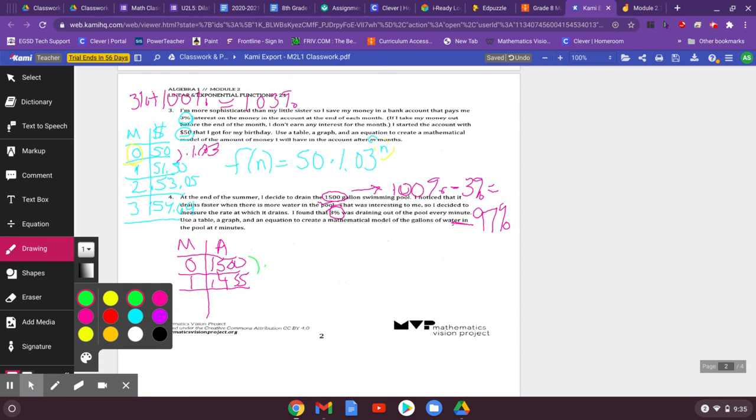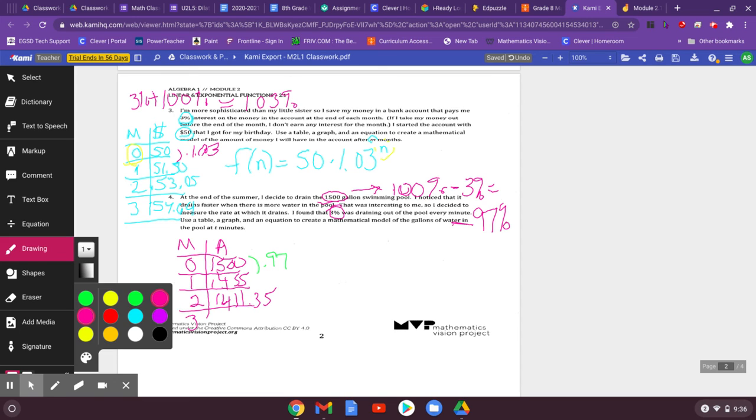So this is a times 97%. Write these down so I have them for next time when we get to the next page. So now if I go to 2, I'm going to times by 97% again, and I get 1,411.35. Let's go one more number.